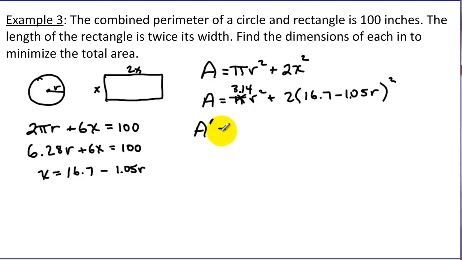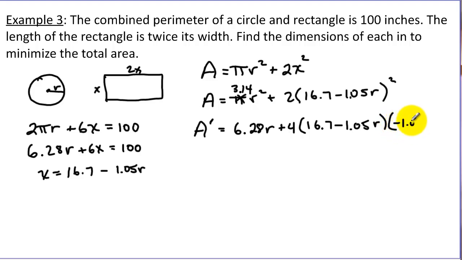So we get here 6.28 r. And now I've got to multiply the 2 times the 2 is 4. Our expression, and we're going to reduce the power by 1, so that becomes 1, and then the chain rule here, we take the derivative of what's inside, and we get negative 1.05.